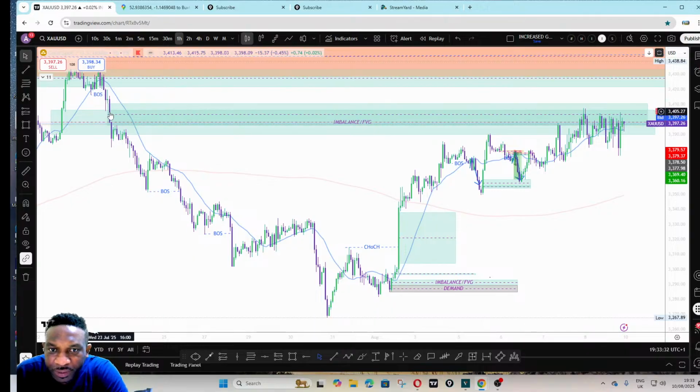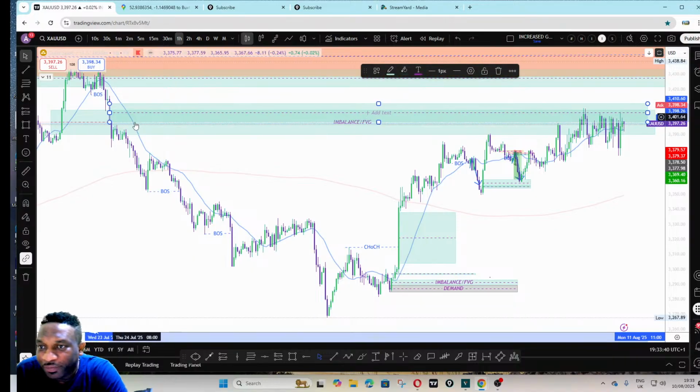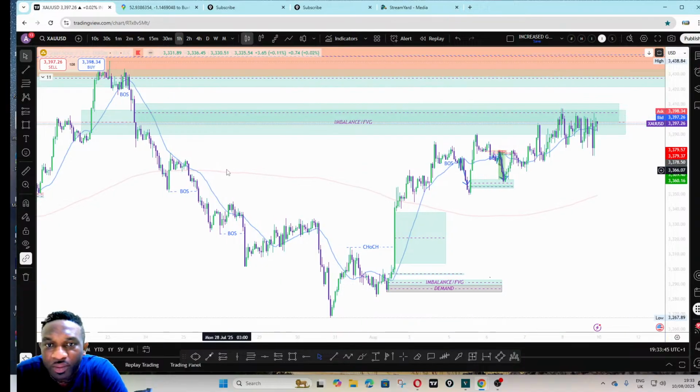That's the first candle, second candle, and the third candle. So from here to there we have an imbalance, and it all falls within the balanced price range we marked earlier on.